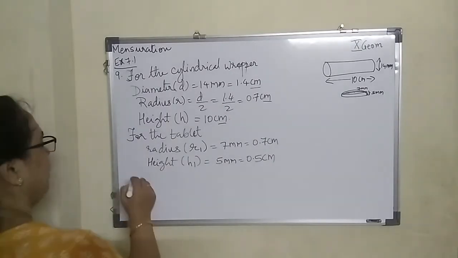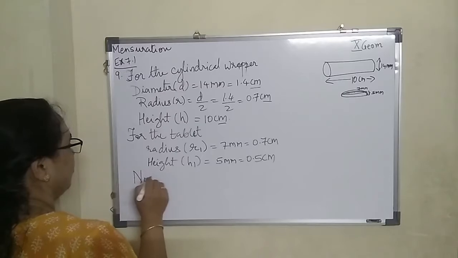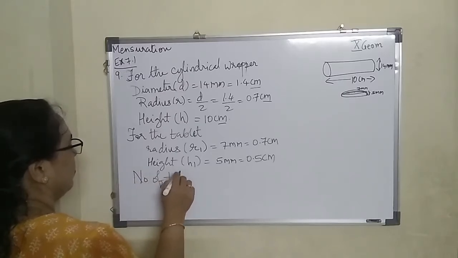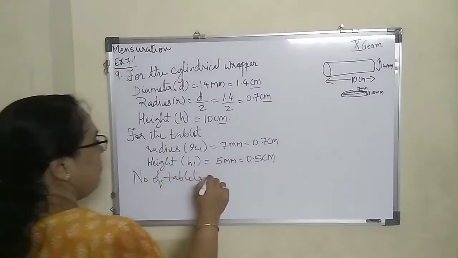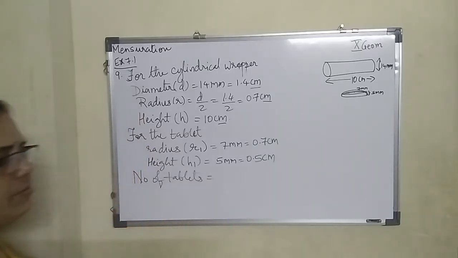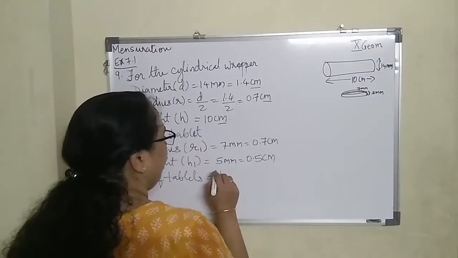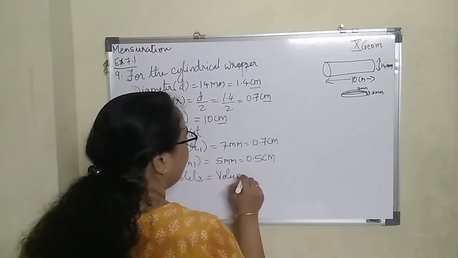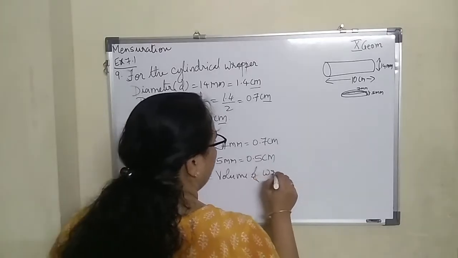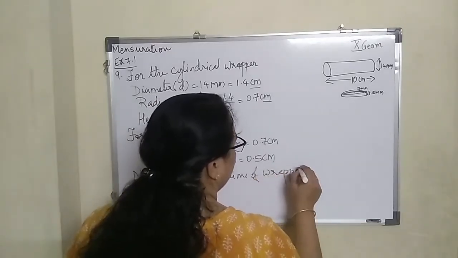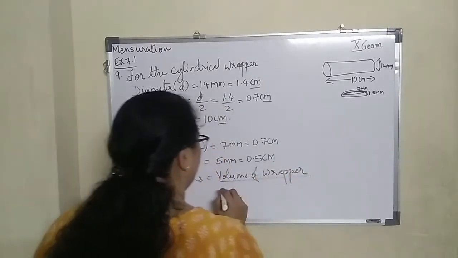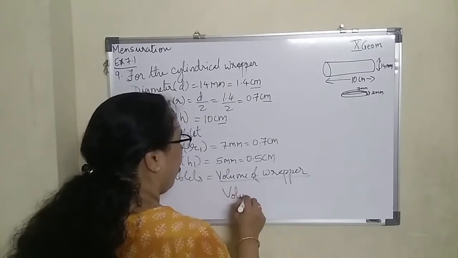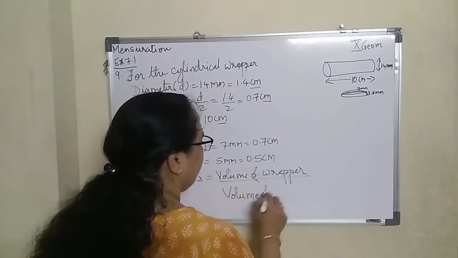Number of tablets equal to. I hope you remember we had done something similar before also to find number of jugs every time. Yes. So what do you write here? Volume of wrapper divided by volume of tablet.